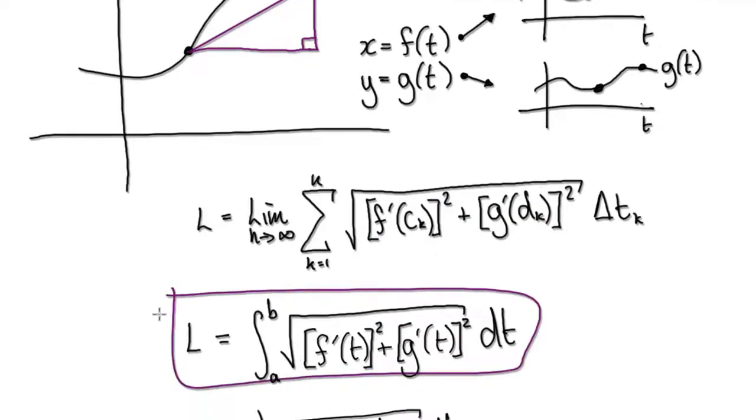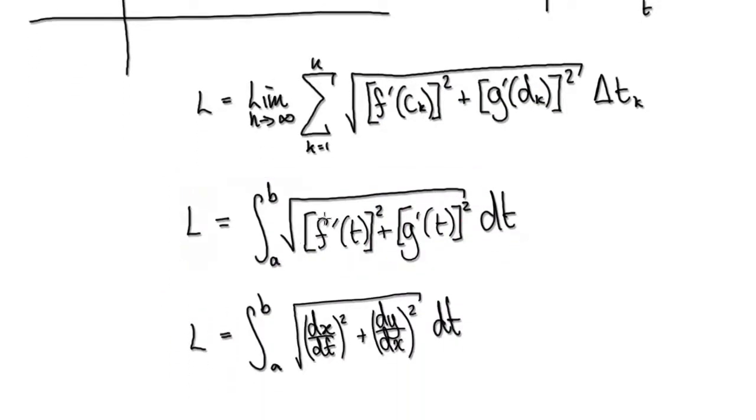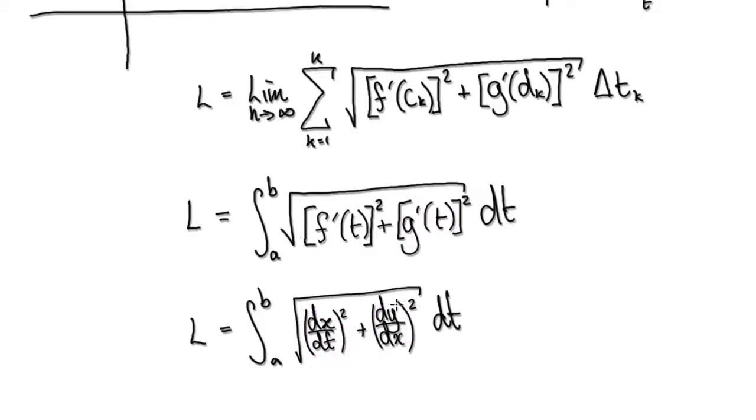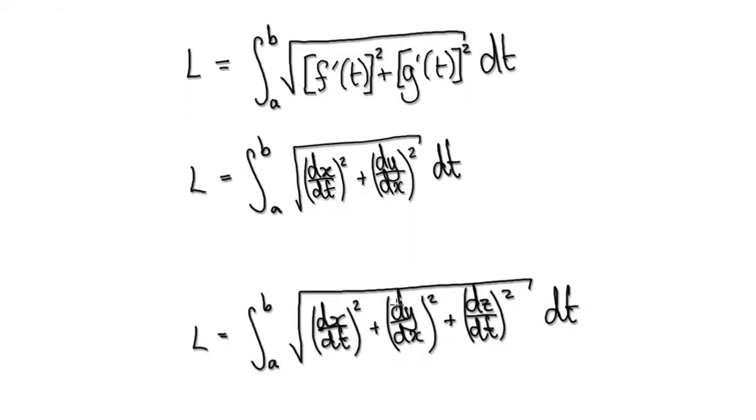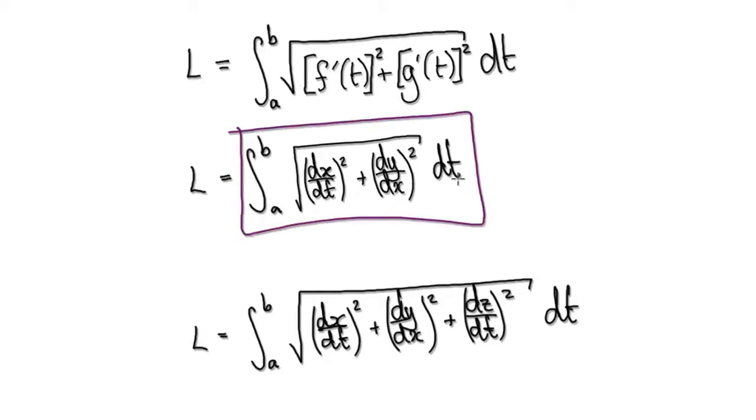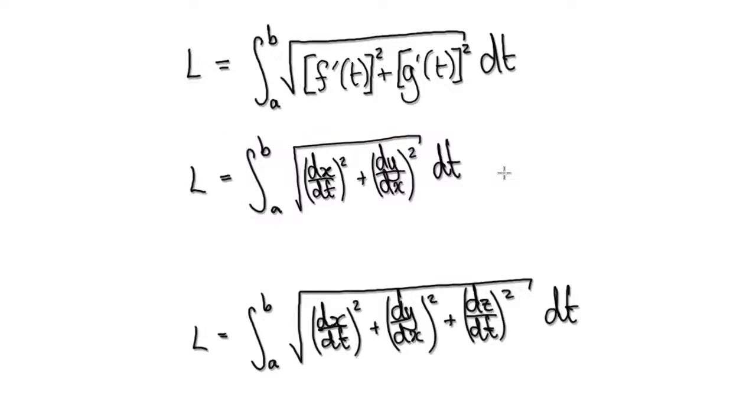And then well, f prime can be written as dx by dt, and g prime can be written as dy by dt. So this is in 2D. In 2D, the arc length is given by this. But then I hope you can accept that if you extend it to 3D, then you can append this bit right at the end.